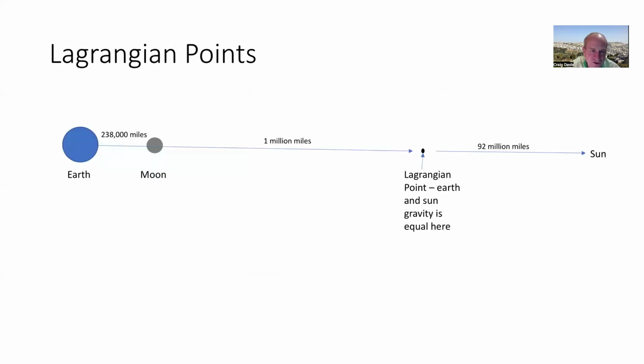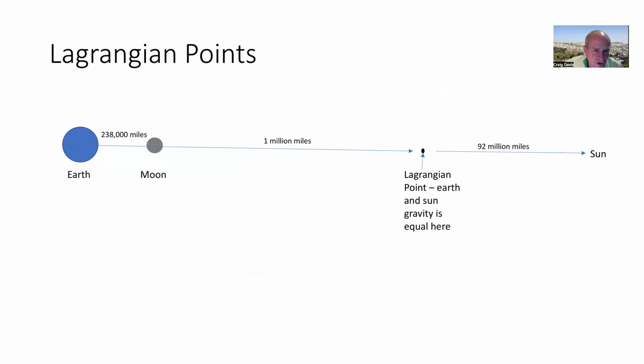At this point, I want to introduce a concept called Lagrangian points, because that helps to understand a few things. The Lagrangian points are points where the gravity of one body and the gravity of another body are equal.